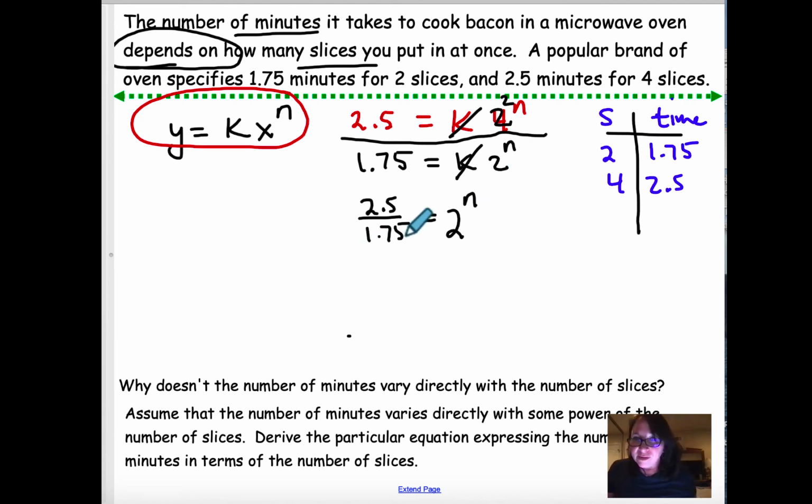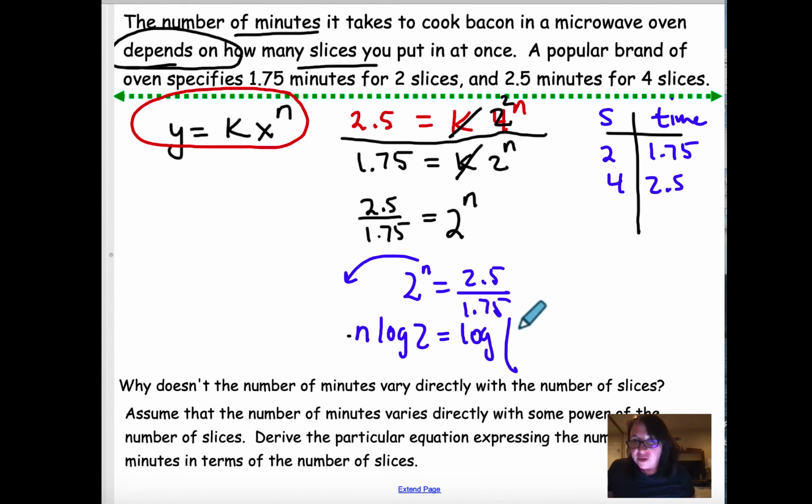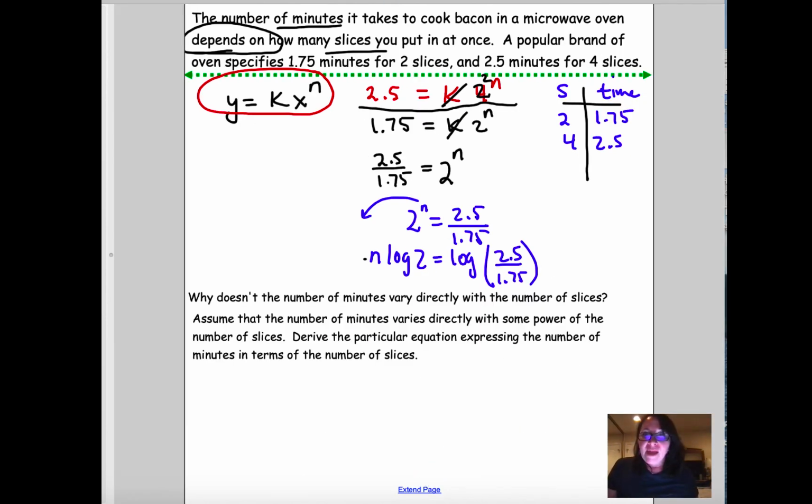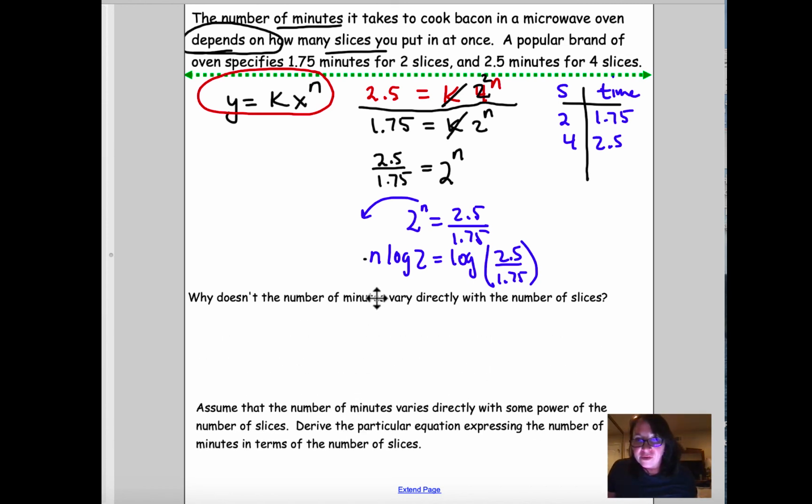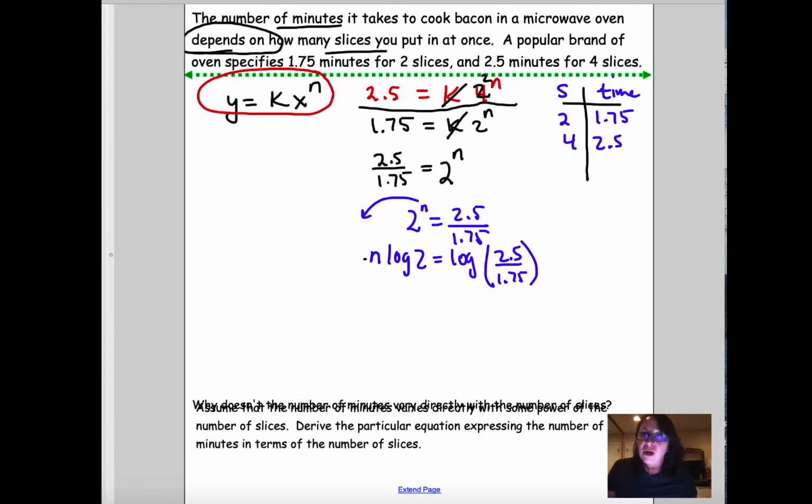I'm going to rewrite this because I like it better on the left. 2 to the nth power is equal to 2.5 over 1.75. Yes, you can get a better number for that, but anyway, bring this n out front. So we have n log of 2 equals log of 2.5 over 1.75. Then I'm going to divide by log 2.